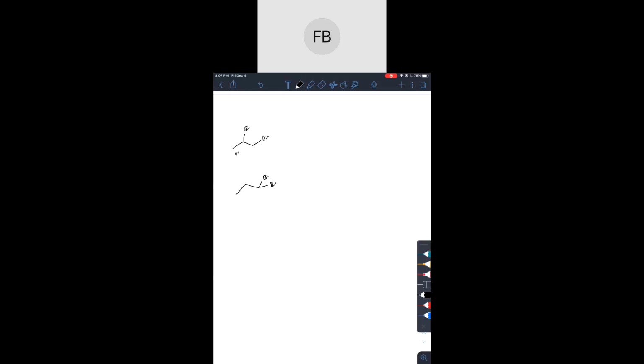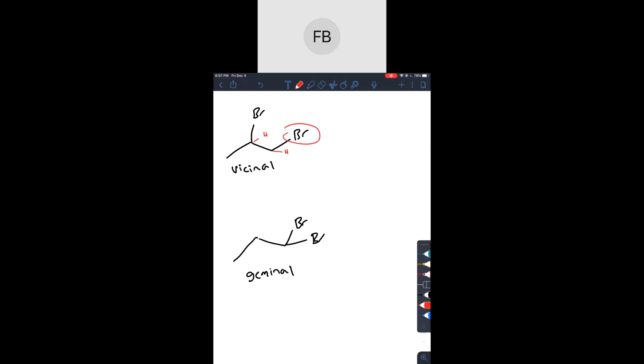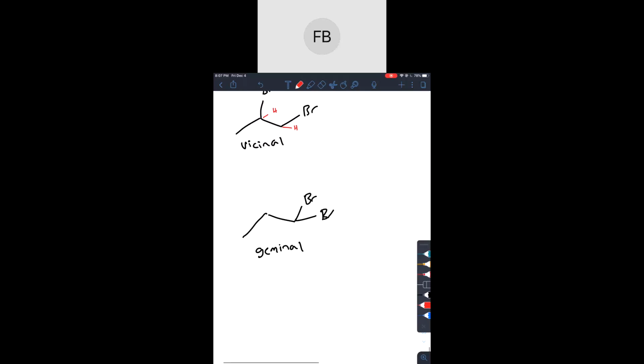Let me spell that. So the vicinal example basically is that you have one hydrogen here, one hydrogen here, or you could put it in terms of the bromines, one bromine here, one bromine here, whatever way you like it. Geminal has to have two hydrogens on the beta carbon.